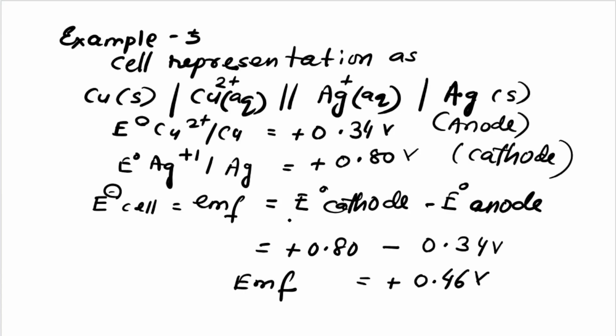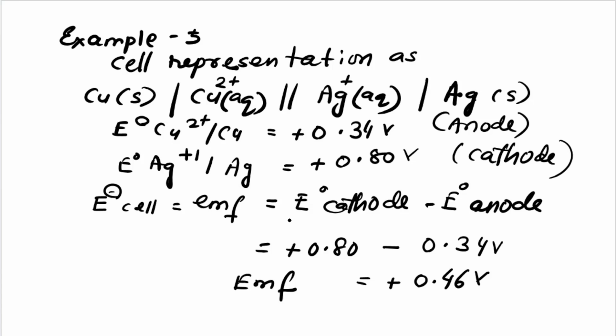Then next is example 3, where you can see the cell representation is given: Cu/Cu plus 2 and silver. That means what? The anode is on the left side and silver, the cathode, is on the right side. Whether it is correct or not, you can observe.